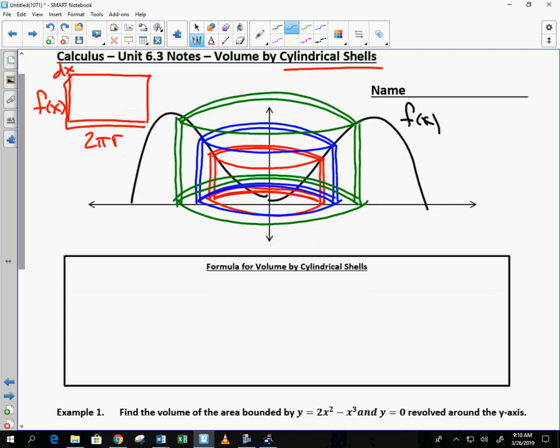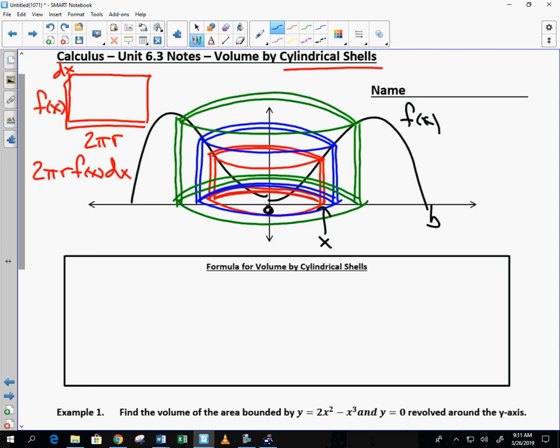So the volume of this guy is 2 pi r f of x dx. Now, your last question is, what is the r value, Mr. Gens? Well, it changes depending on the problem, but in this situation, I'm going to just show you right here. Suppose that we were integrating from a to b. Wouldn't that just be some x value sitting in the middle? And if we start at 0, what's the distance from 0 to x?